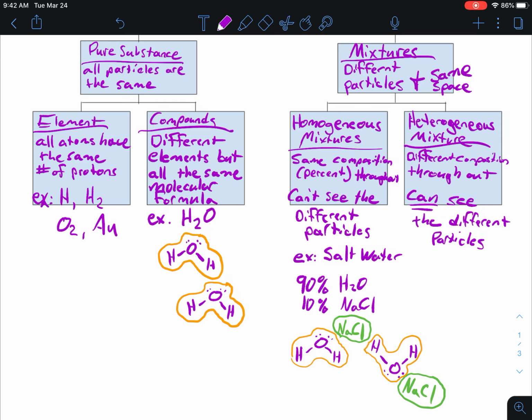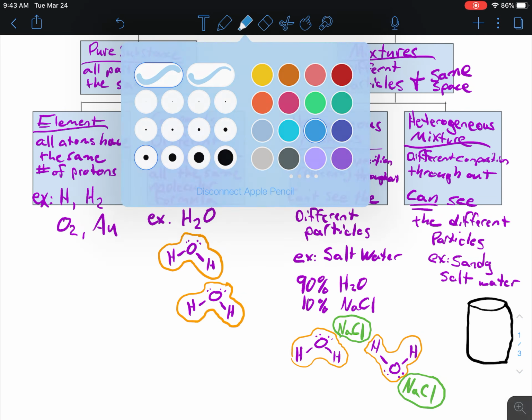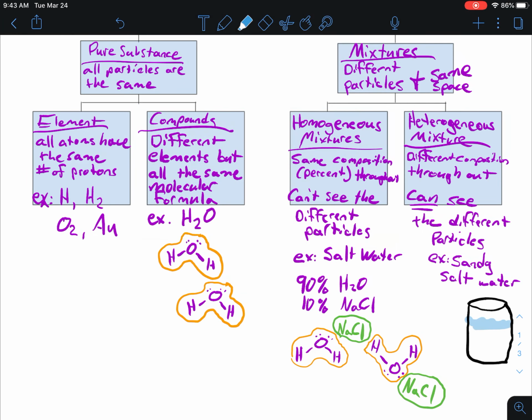So good examples of heterogeneous mixtures, if we carry along our analogy, is sandy salt water. If you capture it right at the breaking wave, it may look like the sand is evenly distributed in whatever container you caught your sandy salt water in. It may look like just this nice, even distribution.